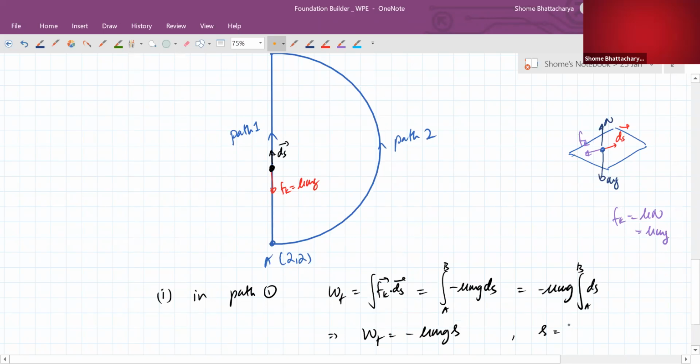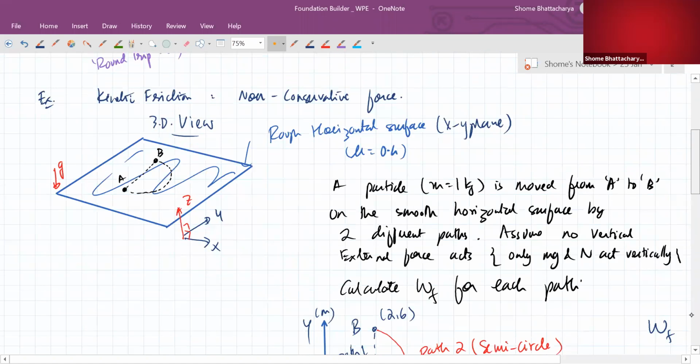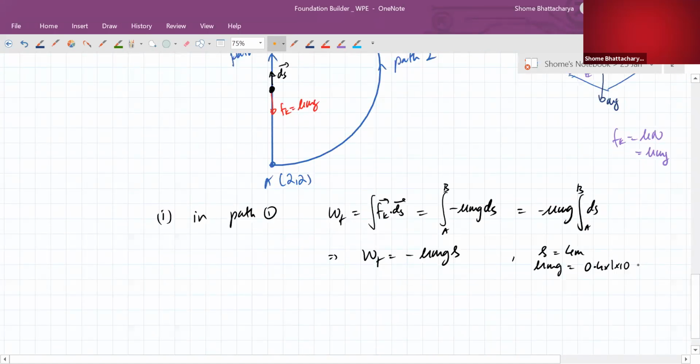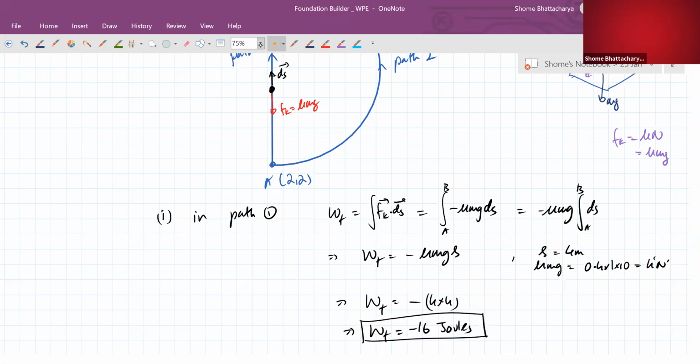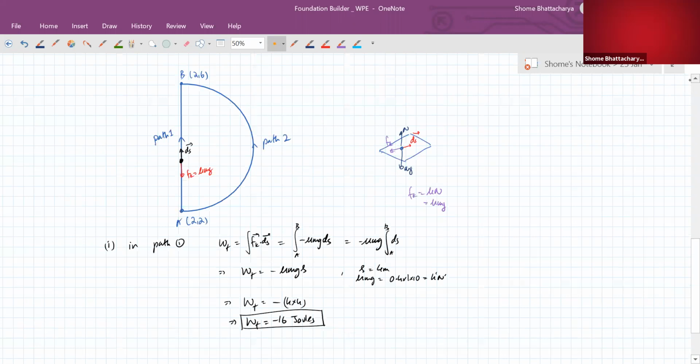S will be equal to 4 meters, and mu mg will be 0.4 into, I think we've taken the mass as 1 kg, right? Yeah. So 4 newtons. So the work done by friction will be negative of 4 into 4, or minus 16 joules. That's what will happen in the first path. Make a note of this quickly and then try to work out what's happening in the second path.